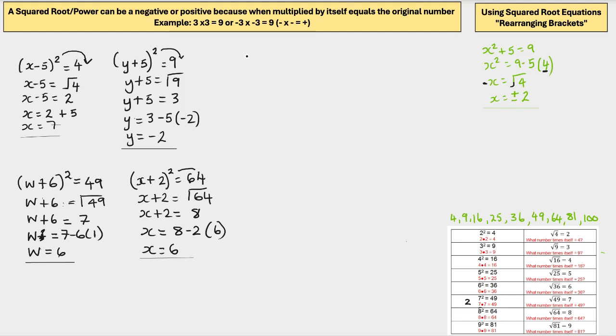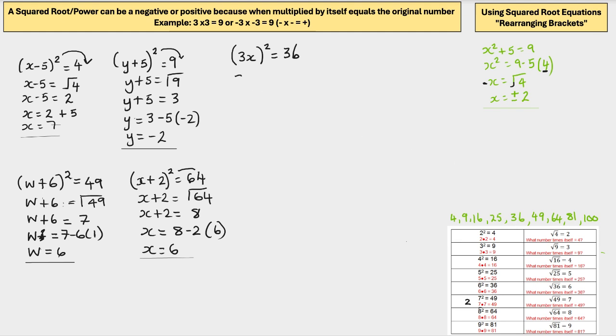Okay. What about this one? So let's say we've got (3x) squared equals 36. Do you think that's any different? Well, you should know by now 36 is a squared number. And what's the square root of 36? 6 times 6.